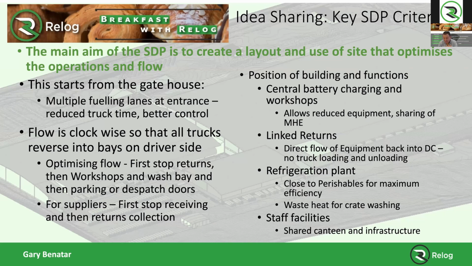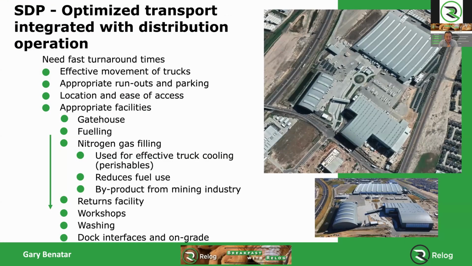If you can put your refrigeration plant close to where you need waste heat, or close to where you need your refrigeration, you reduce your losses. So all of those are important in your site development planning. And then obviously your staff facilities, making sure you can share canteens and infrastructure. Okay.